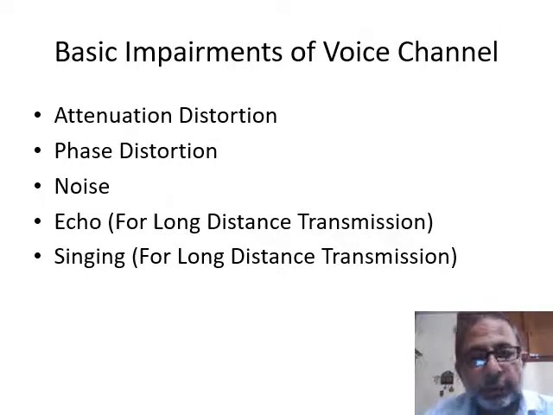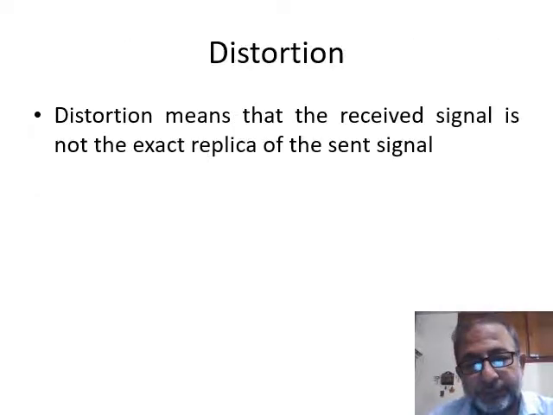Now let's see what the basic impairments of the voice channel are. As we have already seen in the first part of this topic, the major impairments in the voice channel are attenuation distortion, phase distortion, noise, echo, and singing. We have already defined distortion, and we know that distortion means that the received signal is not the exact replica of the sent signal.